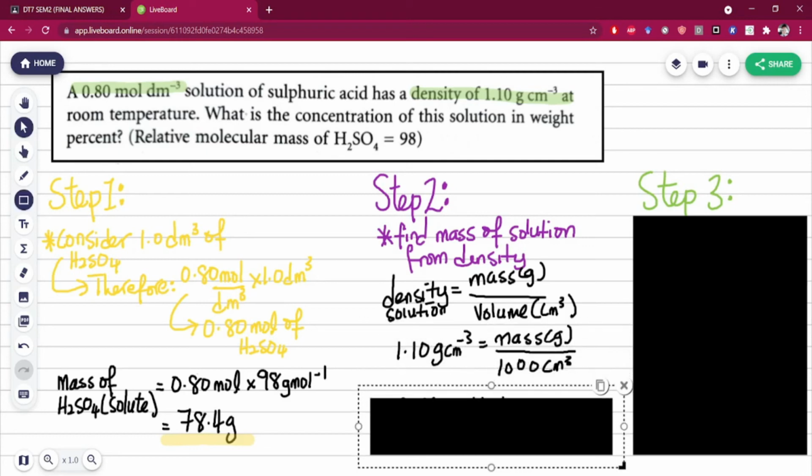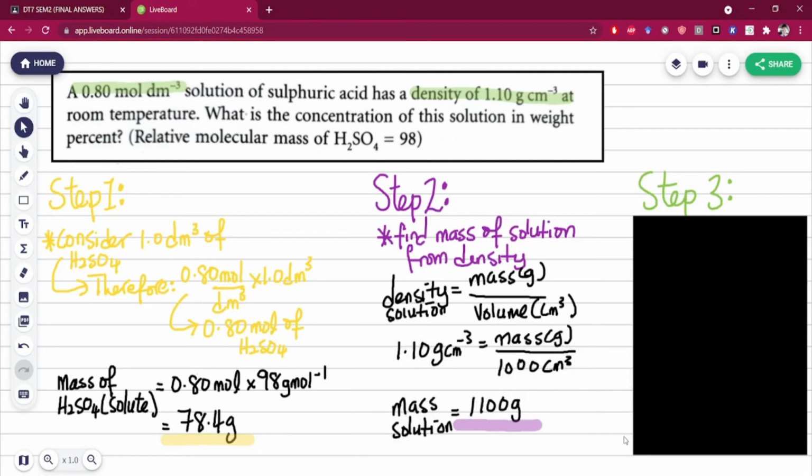Since we have considered 1 decimeter cubed as the volume that we want to use to work with the equations over here, then we can put the volume of the solution as 1,000 centimeter cubed. 1,000 centimeter cubed is the same as 1 decimeter cubed. Remember that.